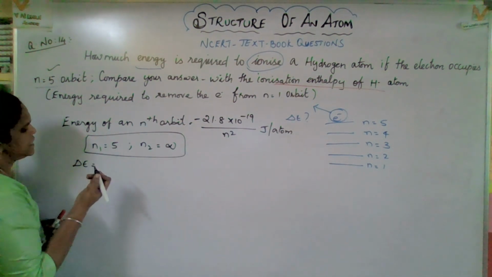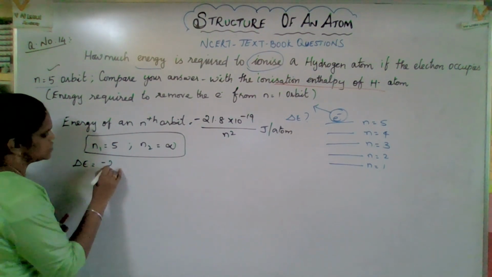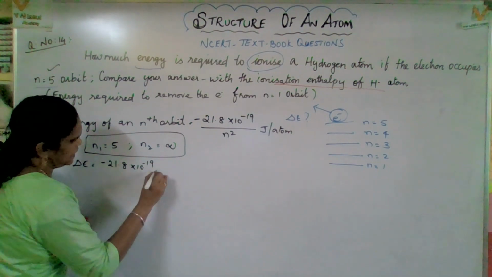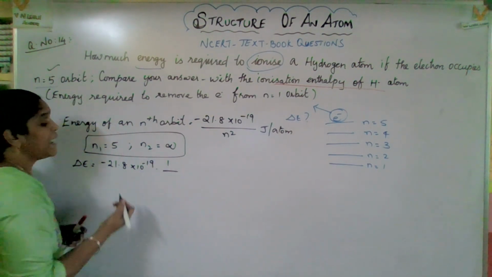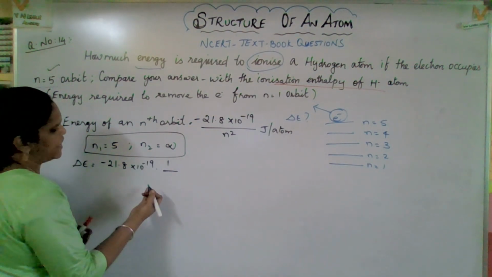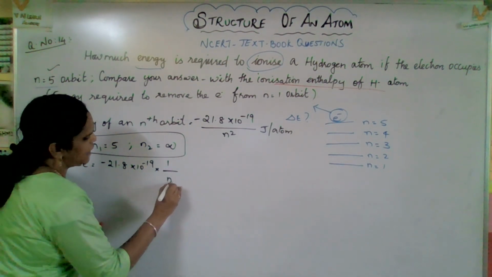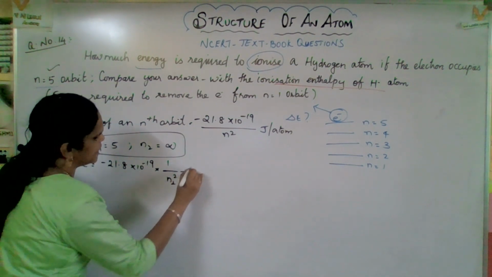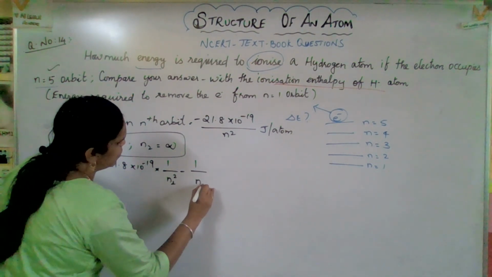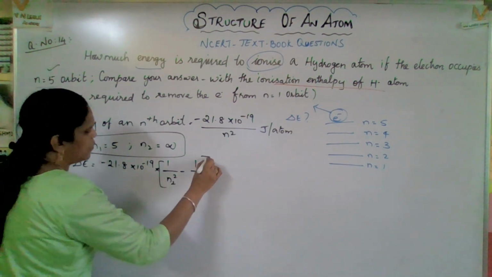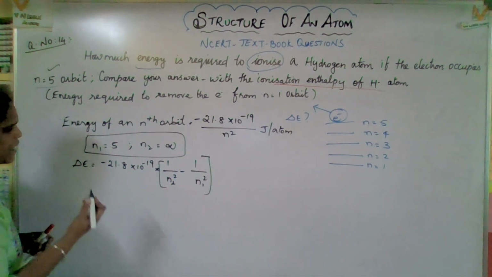Delta E equal to minus 21.8 into 10 to the power of minus 19 into 1 by n squared. So let us go in this way: 1 by n2 squared minus 1 by n1 squared. See, n2 minus n1, from higher level to lower level.